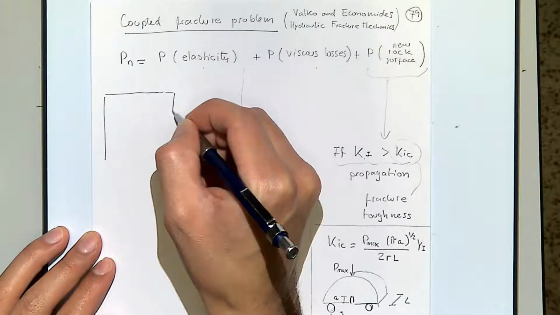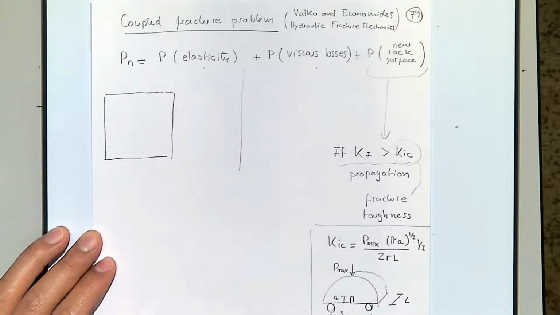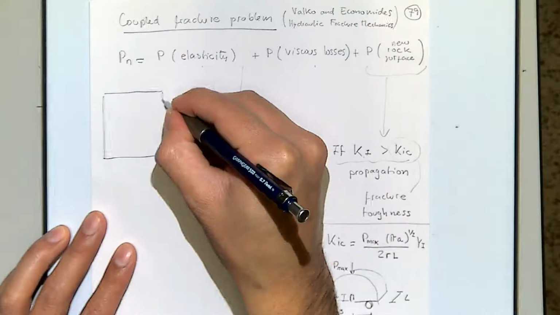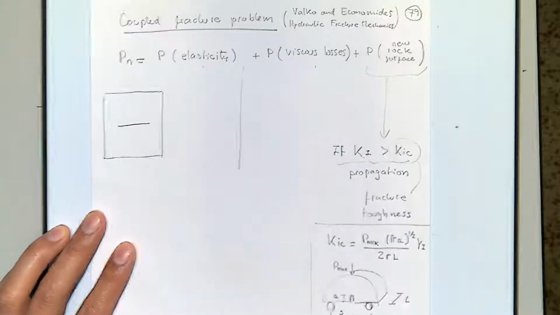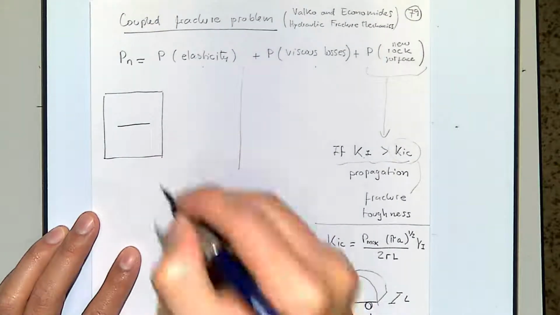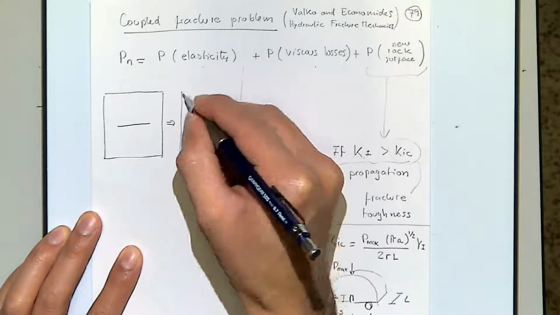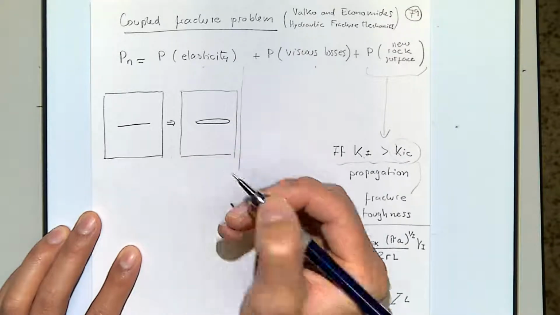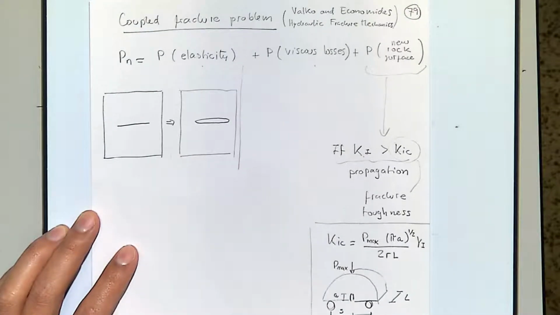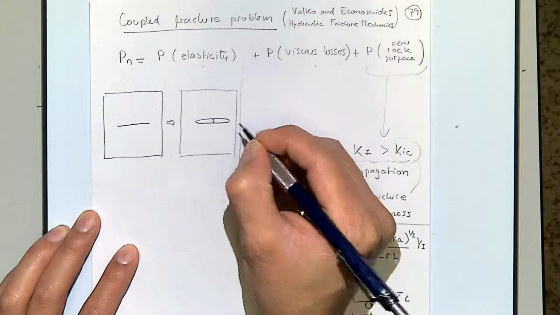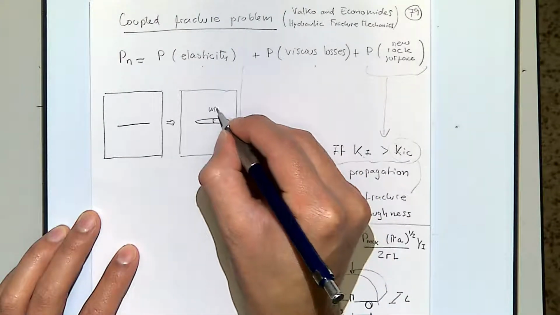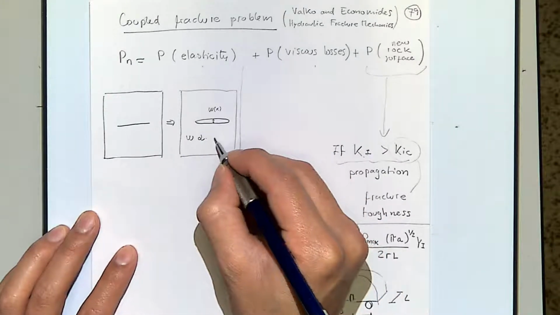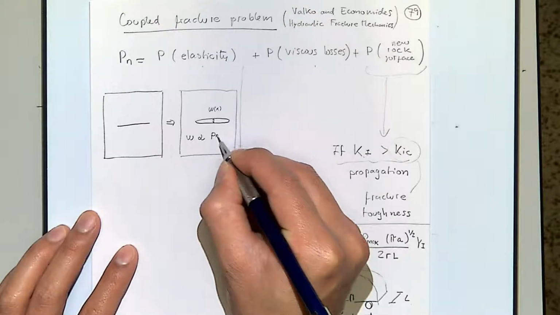Even if you had a fracture that already propagated, and let's say it's a line fracture, in order to go from here to something open, you need energy, and the width of the fracture is going to be proportional, I hope that you see, to the net pressure, right?